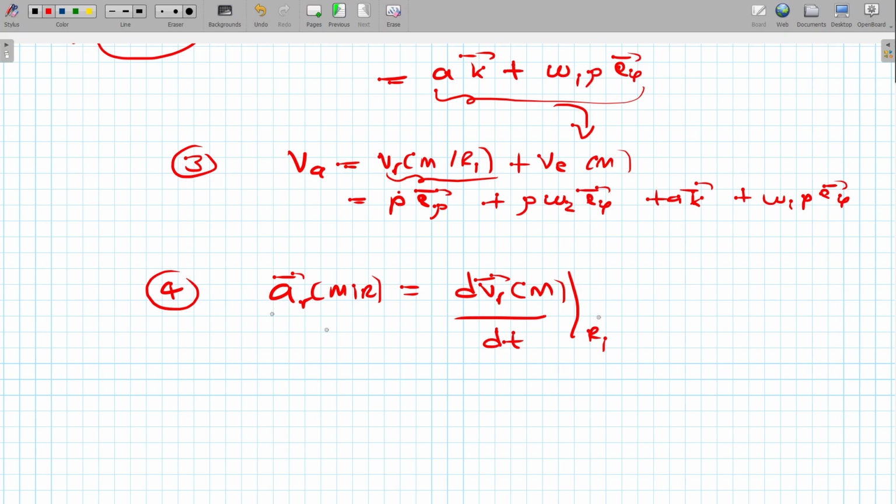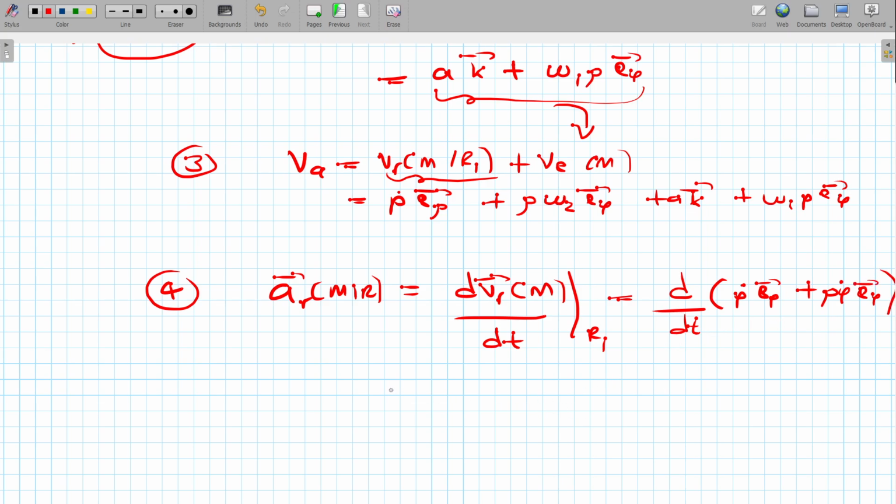It's with respect to R1 because we're talking about relative, so it's in the reference frame that is moving, the one that is black. So the derivative of rho point e rho plus rho phi point e phi. Okay. So this is what we have.